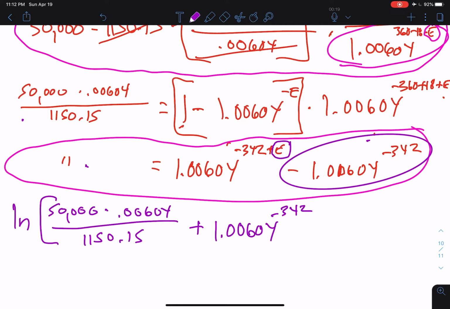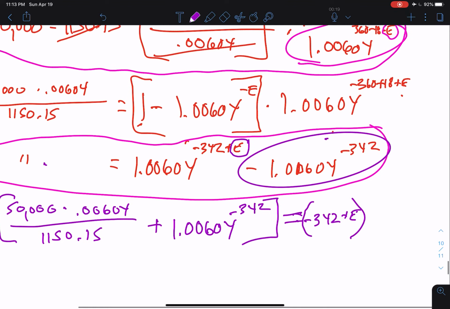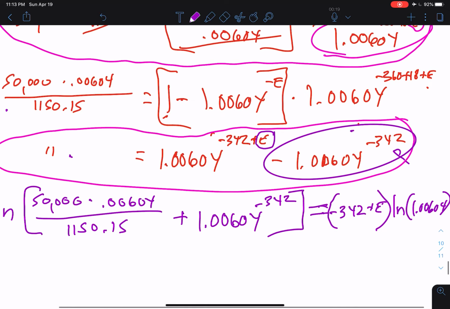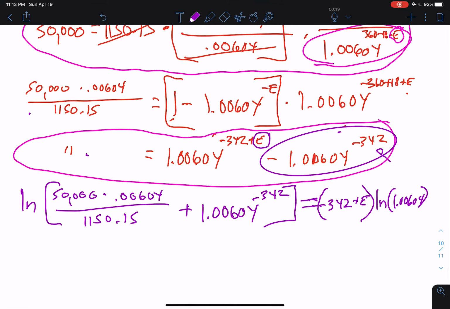That's no big deal. And then I'm left with taking the natural log of the other side, which now is going to be equal to minus 342 plus E, in parentheses, times the natural log of 1.00604.